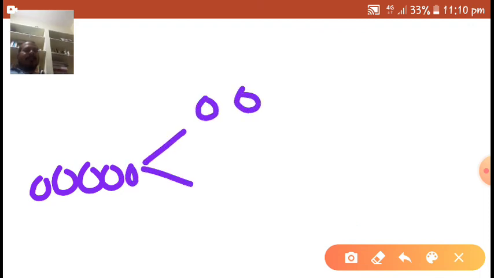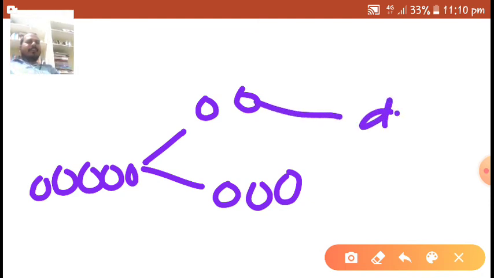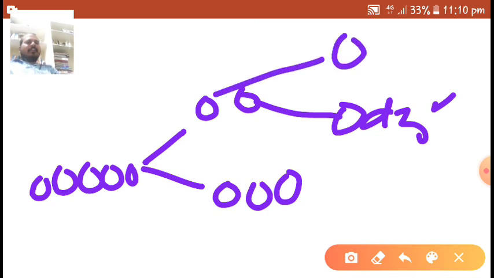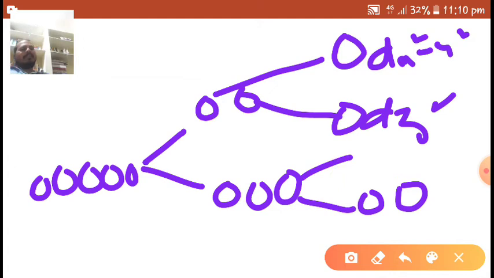So what happened here? Ligands approach the metal ion along the axis. So energy of Eg orbital is increased, and again there are no ligands along the z-axis. So the energy of dz square orbital is decreased, and energy of dx square minus y square orbital is increased, and the energy of dxy orbital is increased.